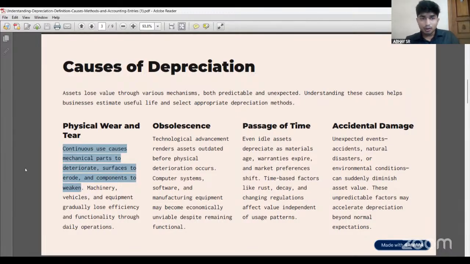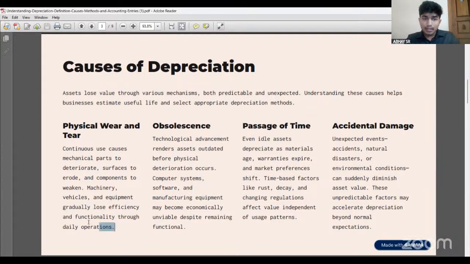If I use it for a long time, the vehicles might have certain issues, right? The efficiency they provide in the first year won't be the efficiency they have in the 10th or 20th year, right? So, what is meant by physical wear and tear is gradually the machinery, vehicles, or equipment lose their efficiency and functionality through daily operations.